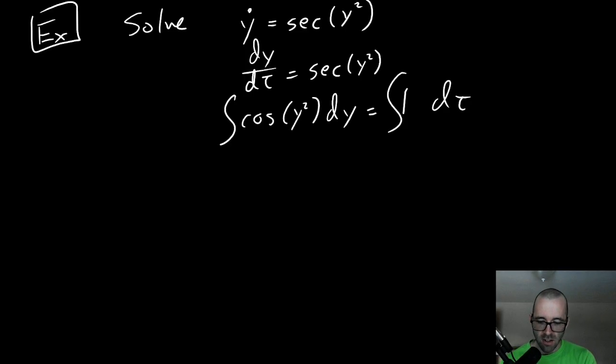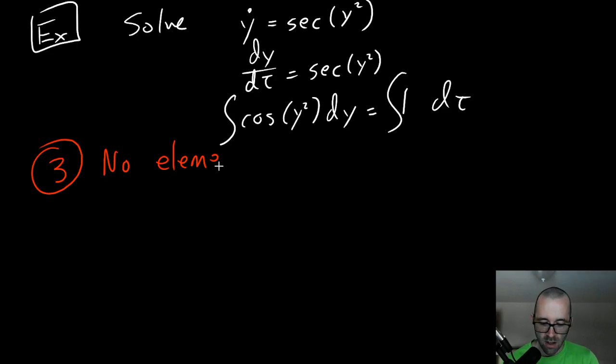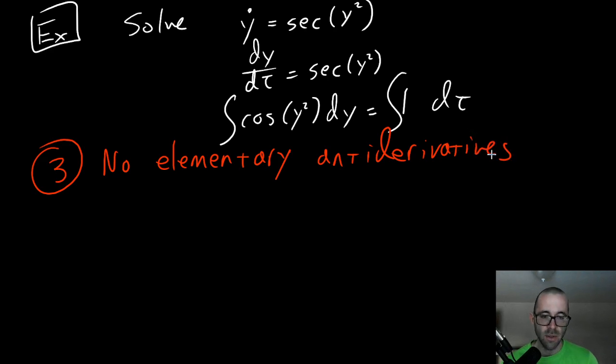Now, if there were a y right here, we could do a substitution and we'd be really happy. So there are many integrals that have no elementary antiderivatives. And so you can run into this as a problem as well when you're solving differential equations with this method. So a few things that can go wrong.